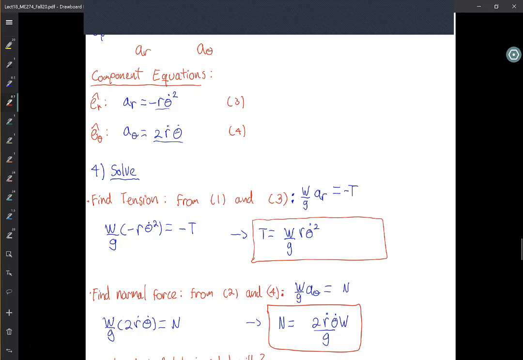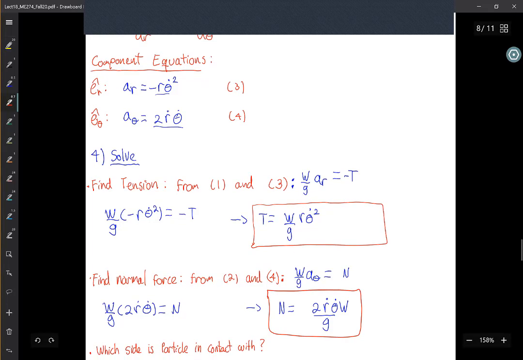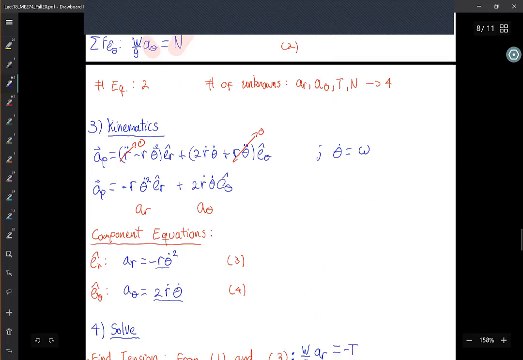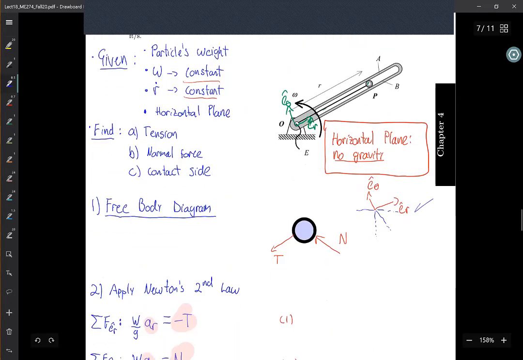Now we need to check which side I am in contact with. So we need to go and substitute and check. I assumed that my particle was touching the bottom surface, and hence the normal force was pointing upwards, which means the normal force is positive.